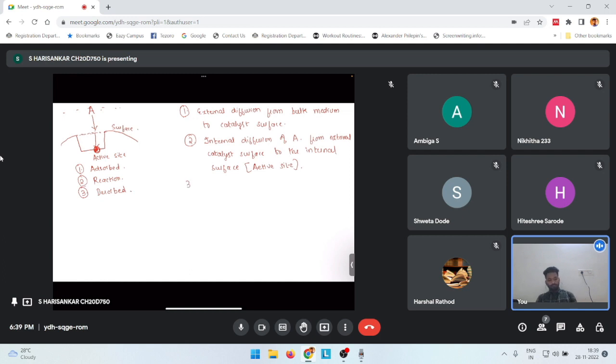The third step is adsorption of your reactant A on the catalyst surface or active site. Then your fourth step is the reaction that happens, which is basically A gives B. And the fifth step is the desorption of your product B from the catalyst surface or active site.